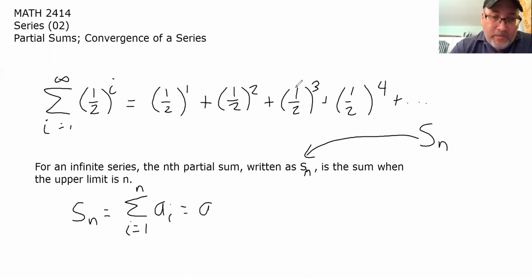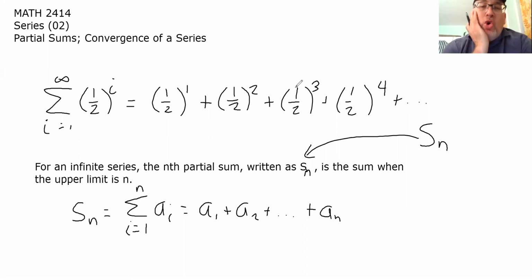So the nth partial sum is what we get when we add the first n terms. We're going to take some partial sums of the series that we're currently looking at on the next page.